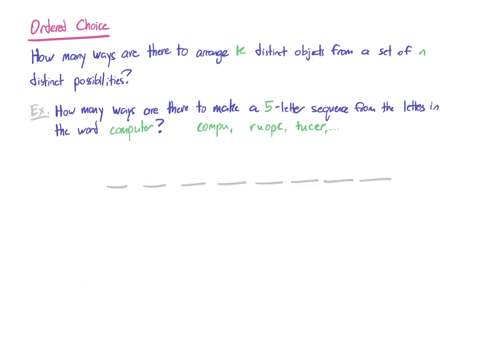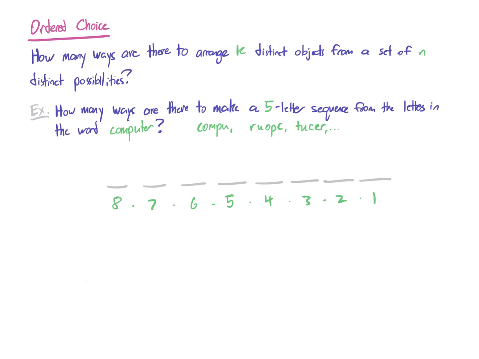Here I've laid out 8 blanks for the possible ways in which I can construct the sequence from the 8 letters of the word computer. And following our logic from last time, if I were arranging the whole set of 8 letters, I would have 8, 7, 6, 5, 4, 3, 2, 1 choices at each of these stages.